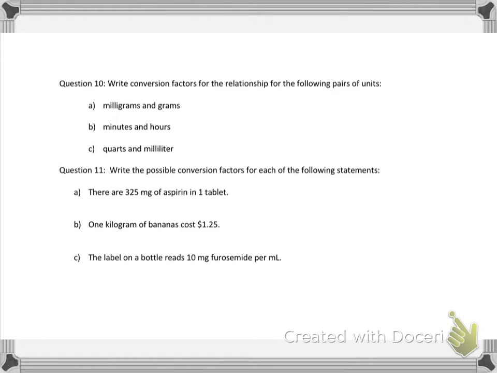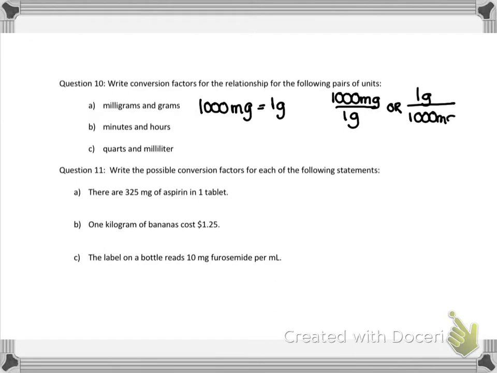Okay. So to get the answer, milligrams to grams. So I know 1,000 milligrams equals 1 gram. That's the equality. So the conversion factor would be 1,000 milligrams over 1 gram, or 1 gram over 1,000 milligrams.